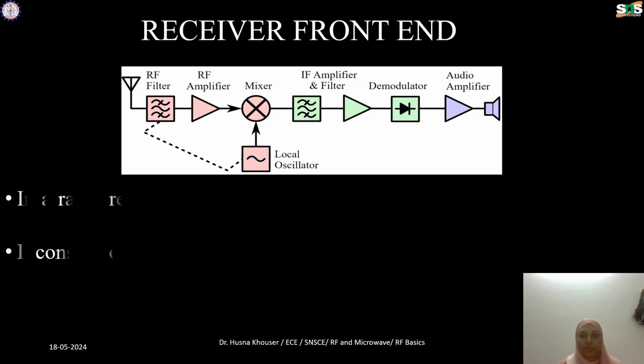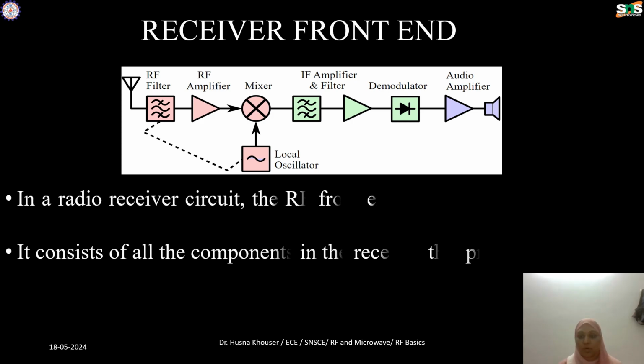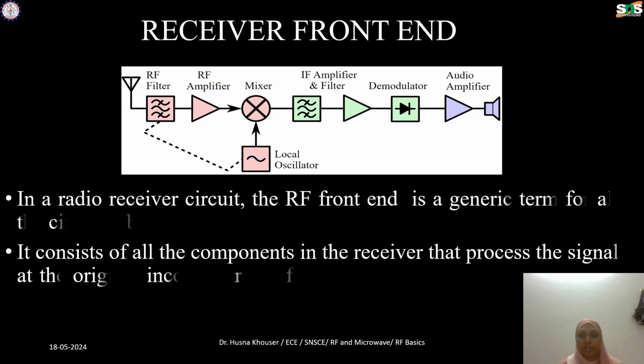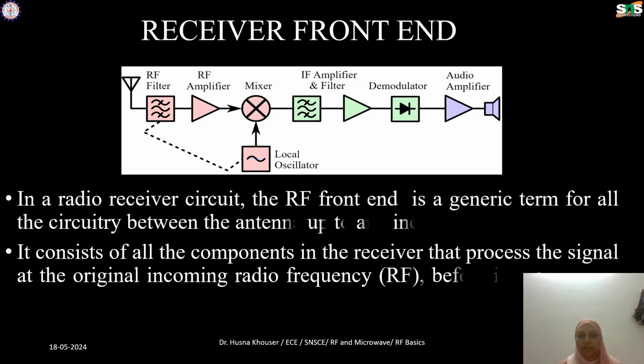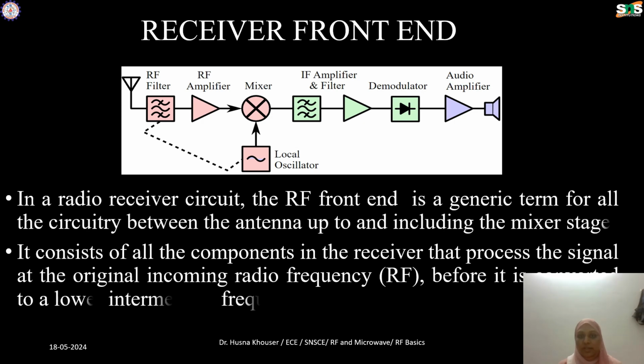This is the RF front-end block. Sometimes we call it the FE system in a receiver, and in many receivers you can see this block as an FE block or RF front-end block. This is a very important block in the radio receiver. Here you can see this is the antenna where we get the high frequency RF signal, and it goes to the filter.